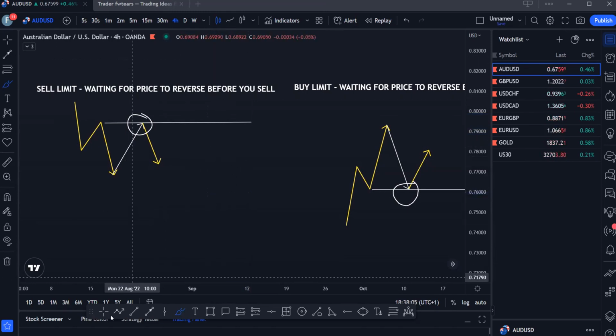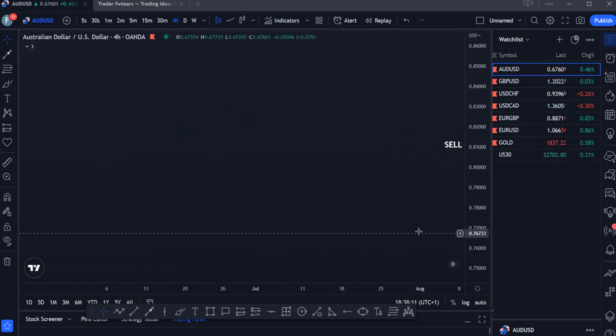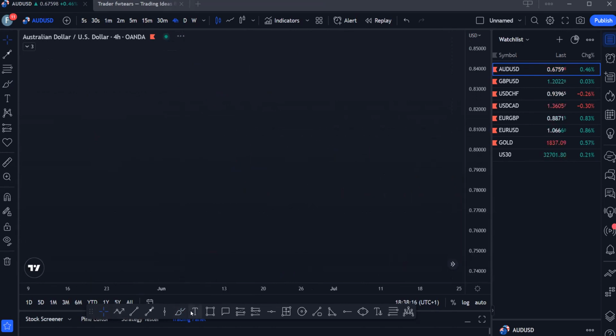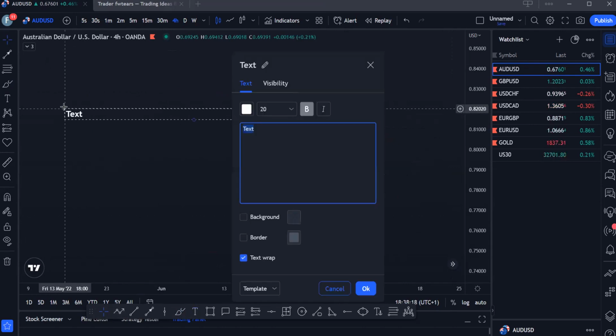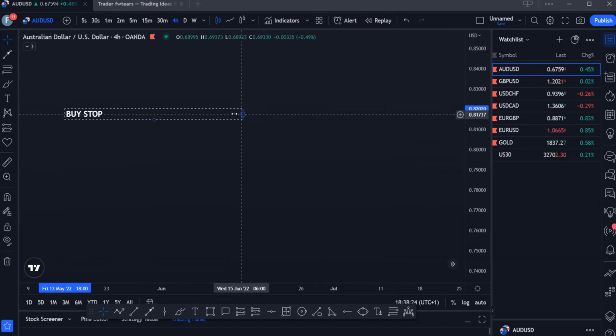All right, let's talk about stop orders. Stop orders, like we said, are continuation orders. So you have buy stop, and then we have sell stop. In what market scenario would you use a buy stop?